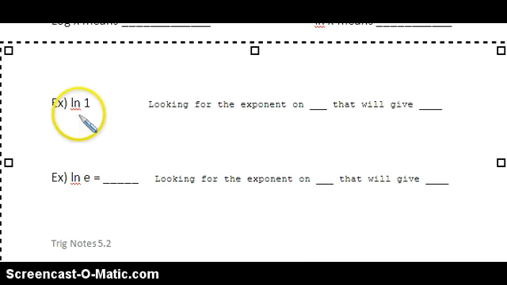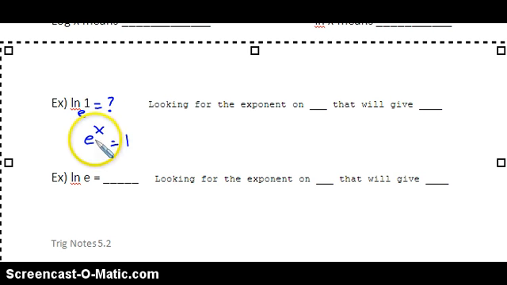Here we have a problem that asks you for the natural log of 1. Before we just type this in our calculator and get the answer, let's write it in exponential form. Remember, natural log has a base of e. So we're saying e raised to some power, which I called x, has to be equal to 1.